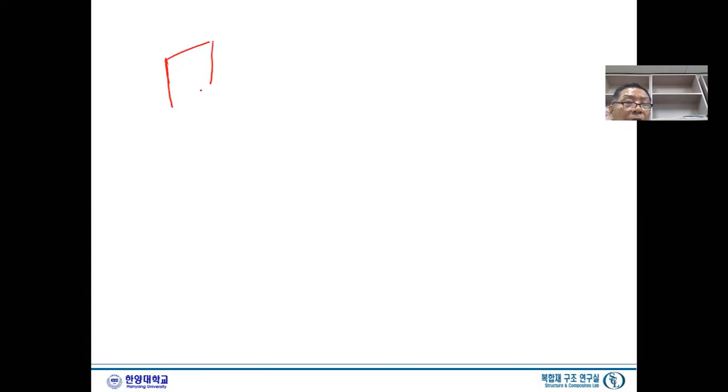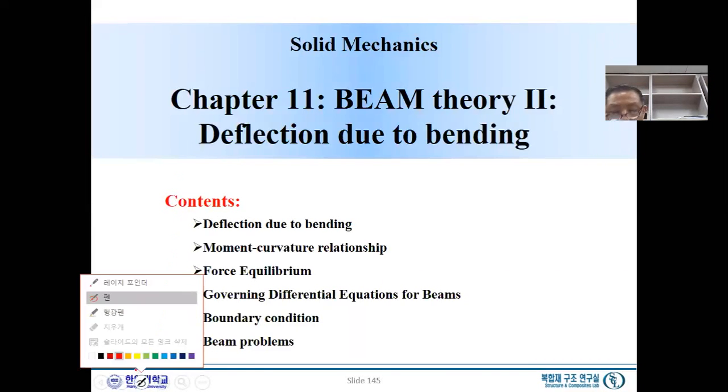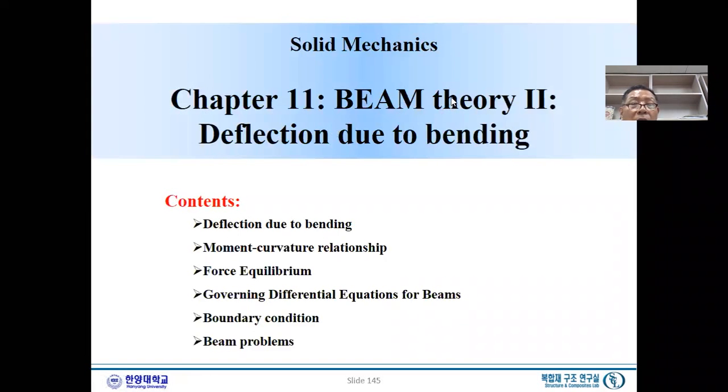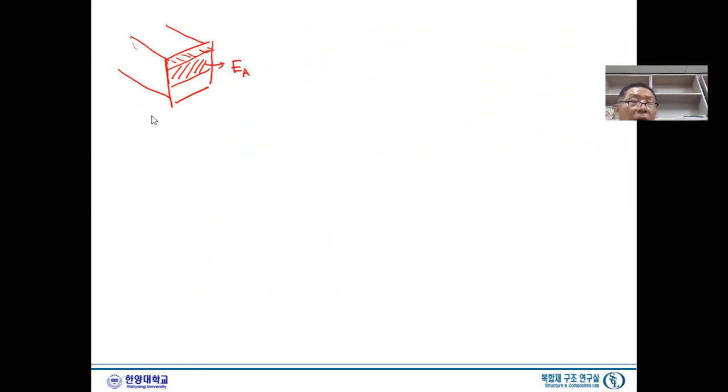Let's say this is the B material, with a different Young's modulus, EA, and on the top and bottom we have another material, say Young's modulus EB.